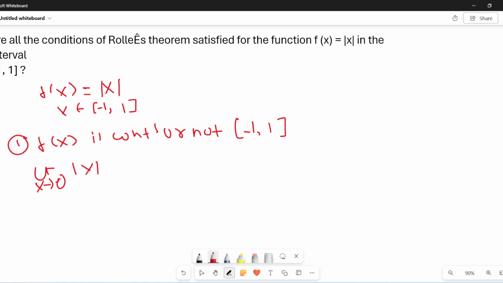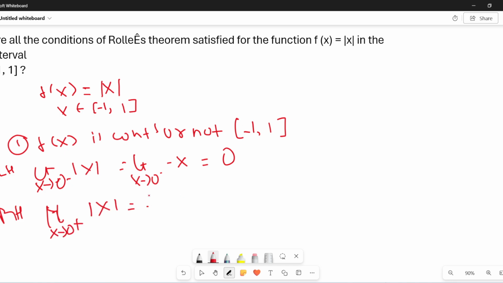The left hand limit will give 0, and the right hand limit will also give 0.